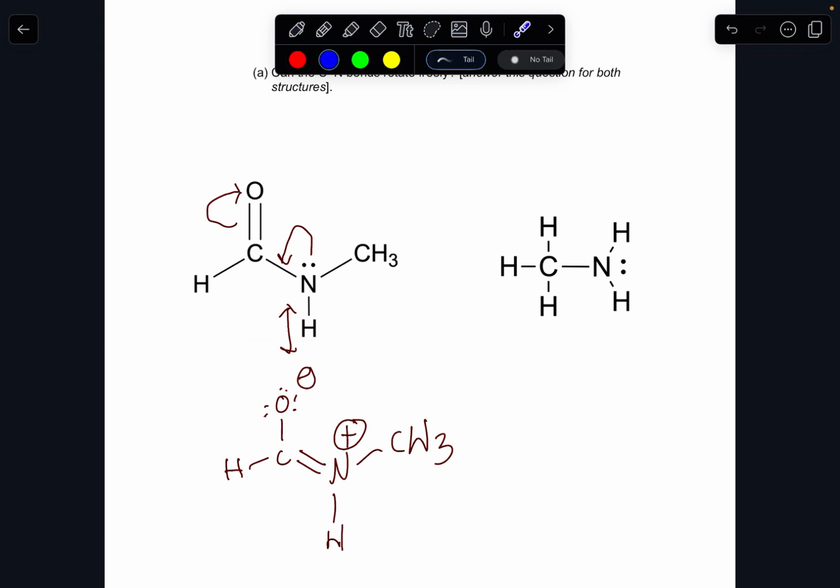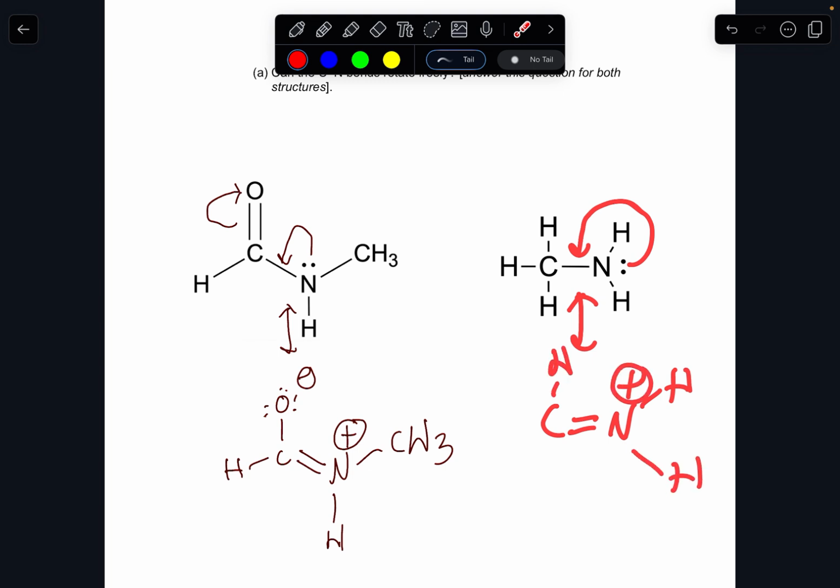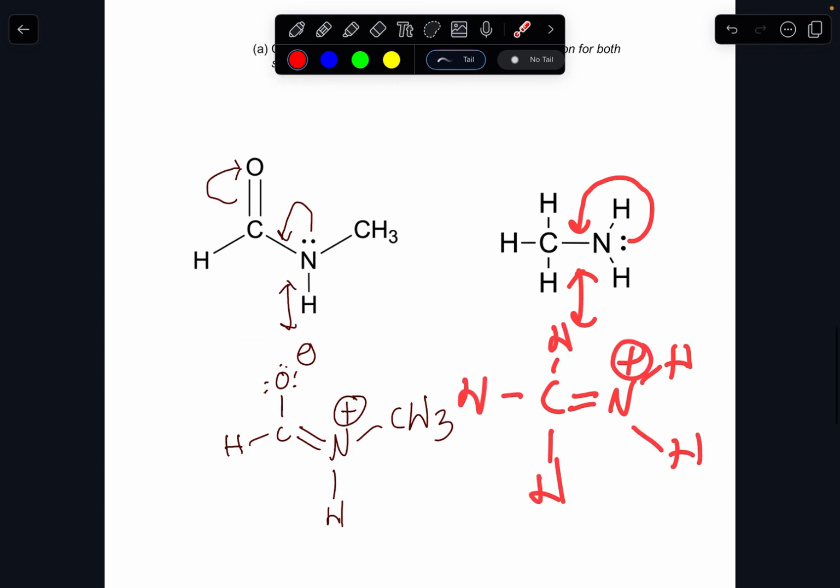Can we do this for methylamine? To determine that, we have to ask ourselves, is this carbon right here a place where we can push electrons? And in fact, it is not. If we decided to do that, we would end up getting this terrible structure, which you may wonder why that's terrible.